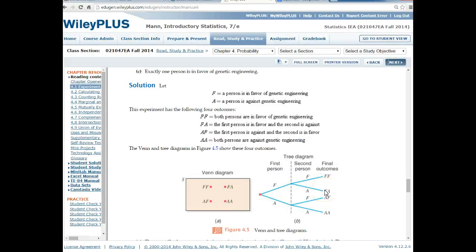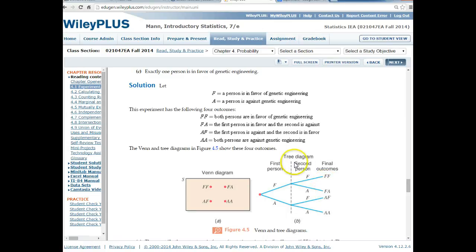Now, how about this? Could we use that formula to find probabilities for this sample space? No, because there's no reason to believe that these are all equally likely, right? I have no idea. We have no idea whether FF is equally likely to FA, right?